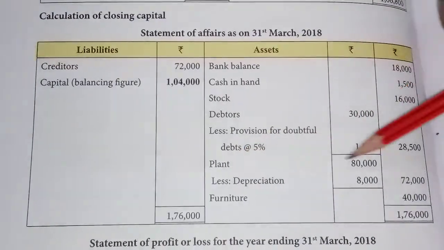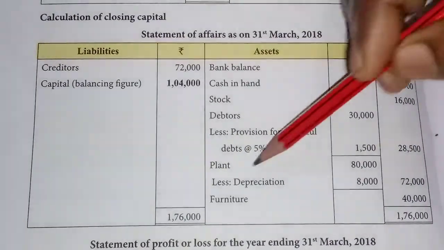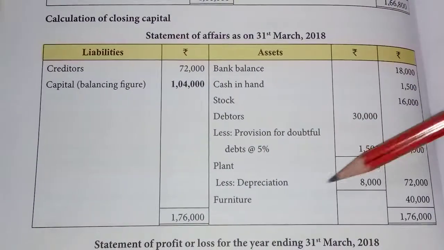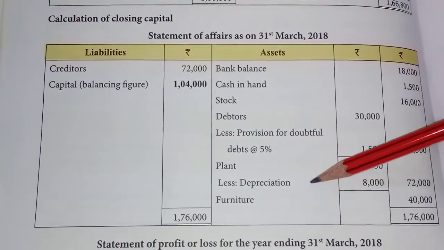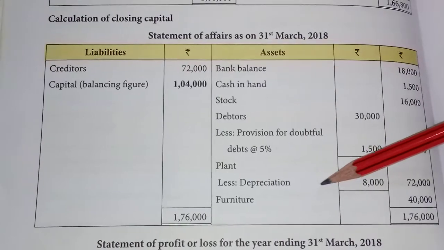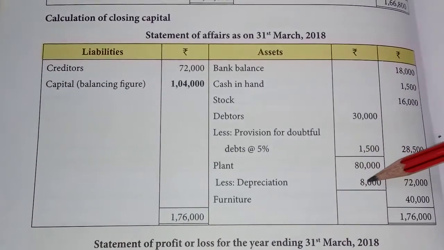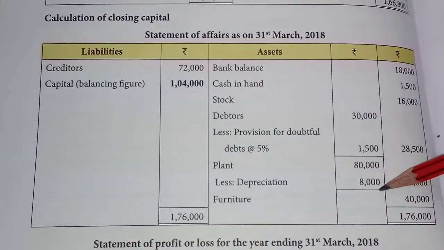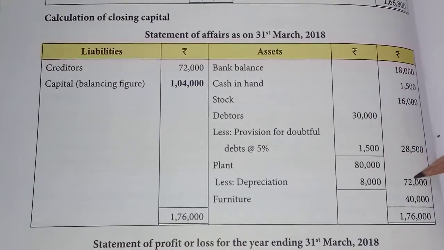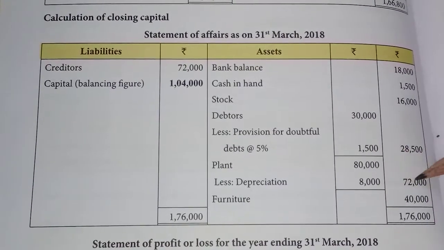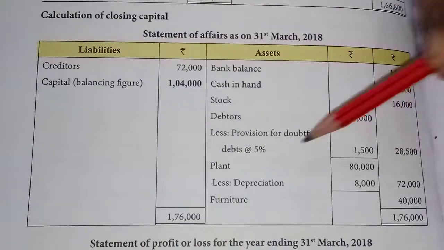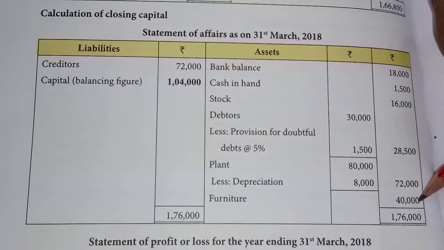Then plant, you write the amount in the inner column, less depreciation, calculate 10%. So 80,000 into 10 by 100, we will get 8,000. Draw a line straight to 8,000, you write the deducted amount 72,000. Then next item, furniture, no adjustment, write it.